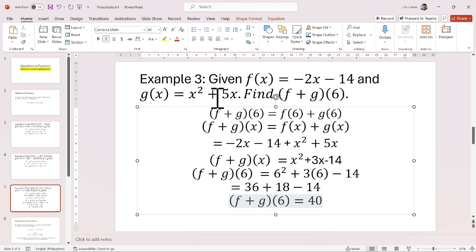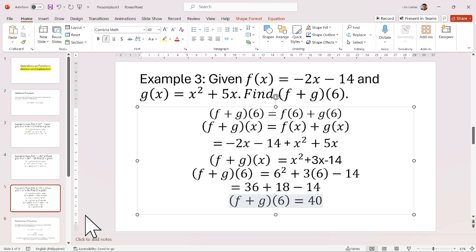And then the two results will be added to get the sum 40. Or we can first add the two functions, and then the sum of the two functions will be evaluated at x equals 6 or at the given specified value. Either of the two ways, we will arrive at the same answer.